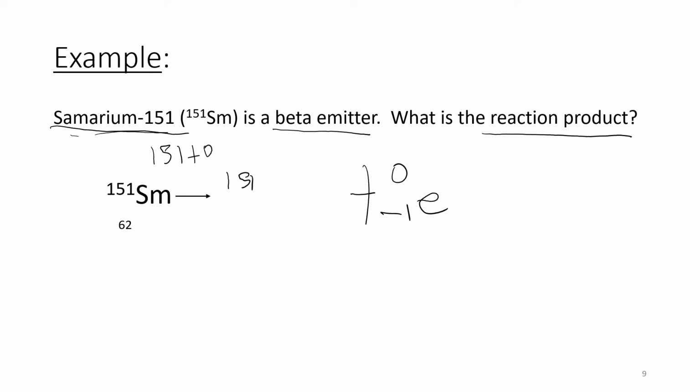We have 151 for our mass number, and then the atomic number is always going to be 1 greater, so 62 plus 1 gives me 63. And then I use my periodic table to determine the element with the atomic number 63, which is europium, Eu. And europium was discovered in Europe. So this is showing me what samarium-151 decays down to when it gives off a beta emission is europium.